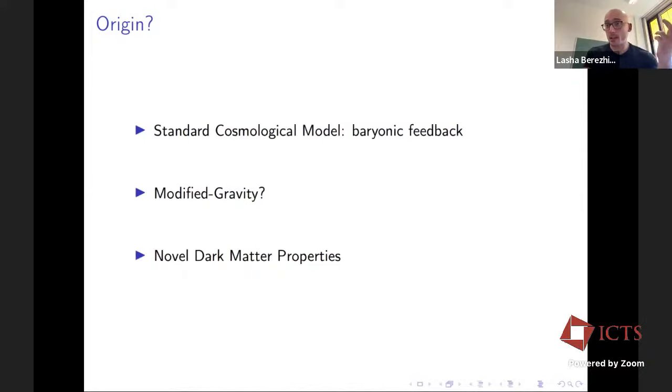The fact that we can fit so many things so well with simply collisionless massive particles does not only speak highly about how successful the idea is, but also about how little we know about what dark matter does. So maybe these observations are glimpses of what might be there.